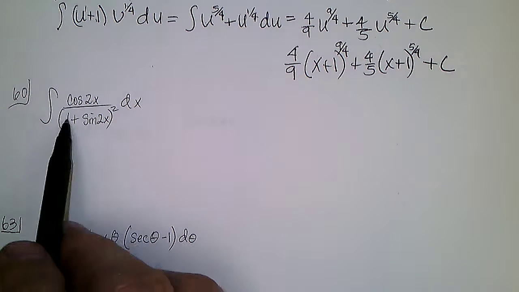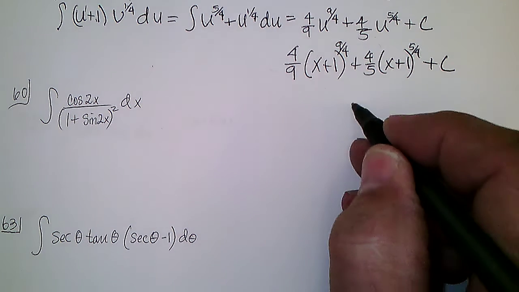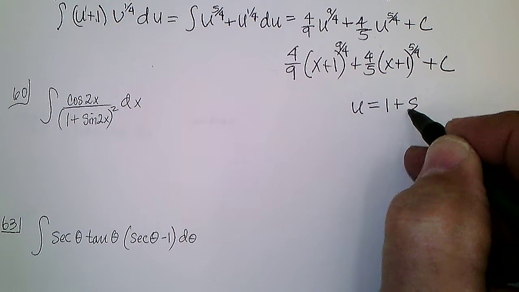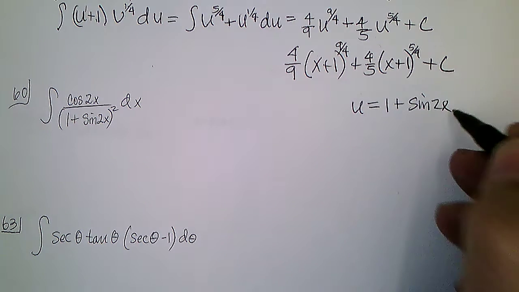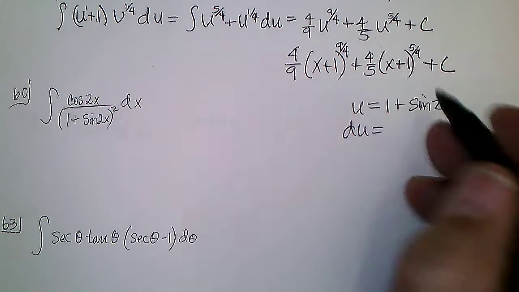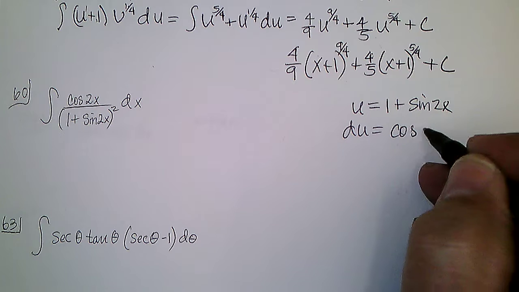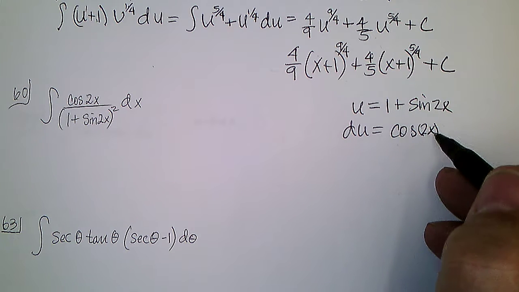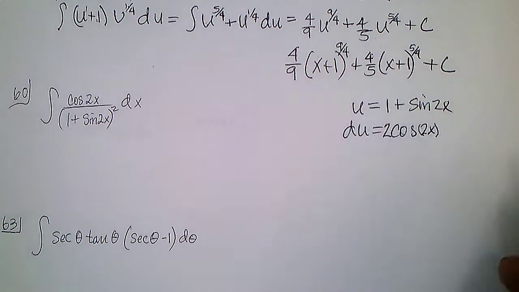All right, I don't like this mess squared, so I'm going to let that be u. So du would be derivative of 1 is 0, derivative of sine x is cosine of the 2x. But then I have to do the chain rule, which should be the derivative of 2x, which is a 2 dx.